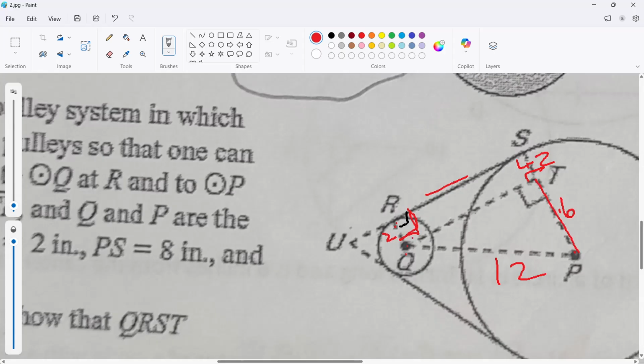All right, so I have a right triangle. 6, 12. Well, this looks like a 30, 60, 90. The side opposite 90 is double the side opposite this angle, so this must be 30. This must be 60. And that must be 90. It's double. And remember, it's x, 2x, and then x square root of 3. 6 square root of 3. So what's it asking?